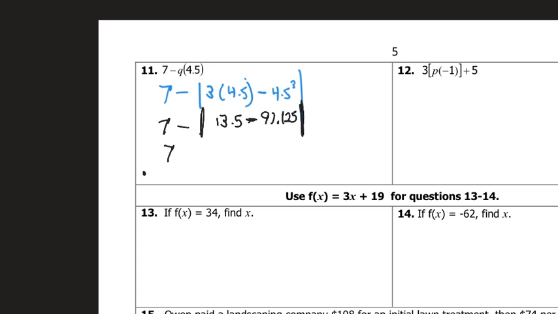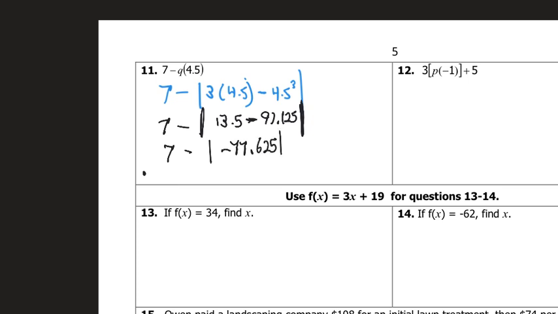So it's 7 minus, and this is negative 77. 13.5 minus negative 77.625.